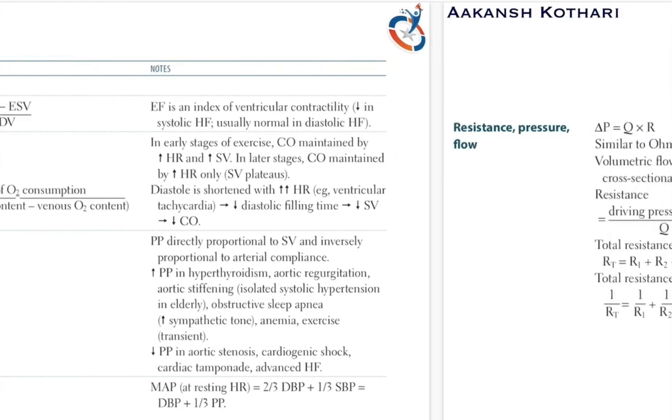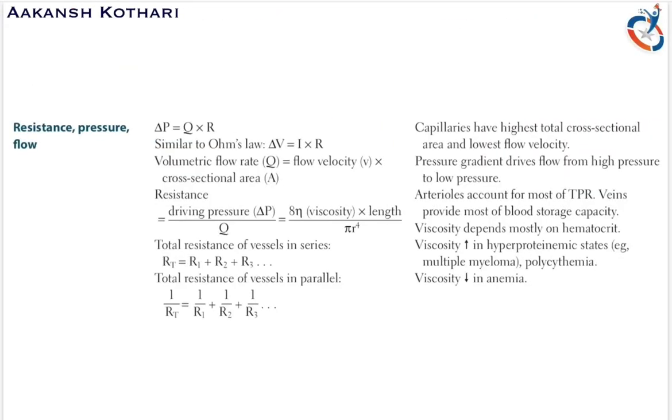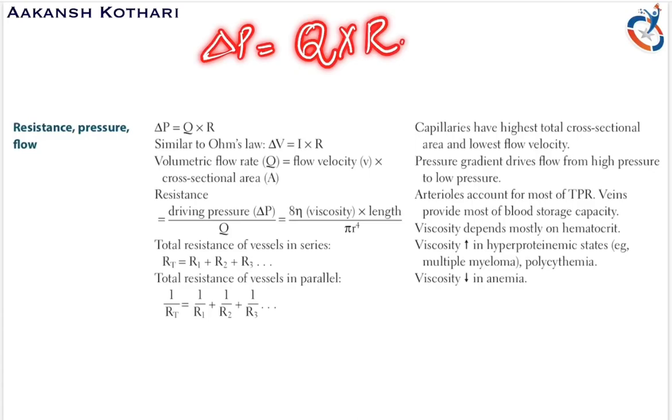Now let's talk about the last equation or the last concept of cardiac output equation, that is resistance pressure flow. Okay, as I've already told you, the change in the pressure is equal to the cardiac output into the total peripheral resistance. Correct? And this is a replica of Ohm's law.